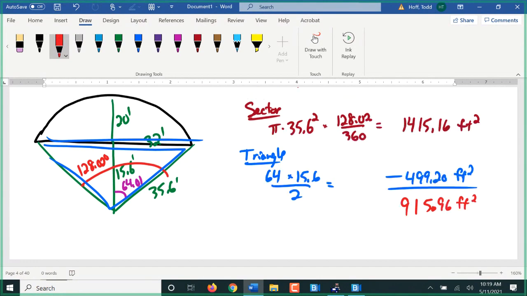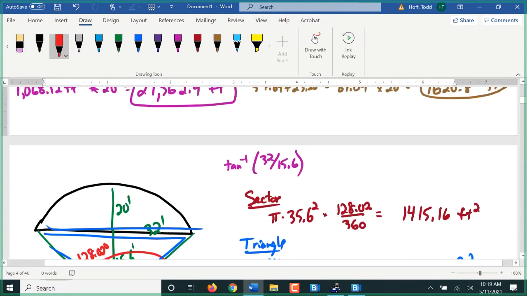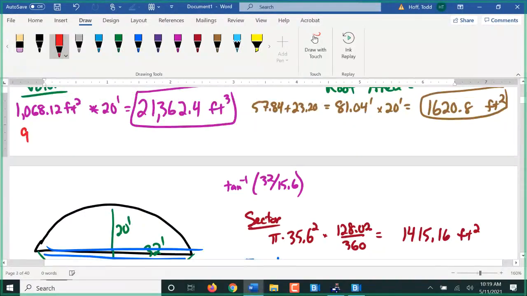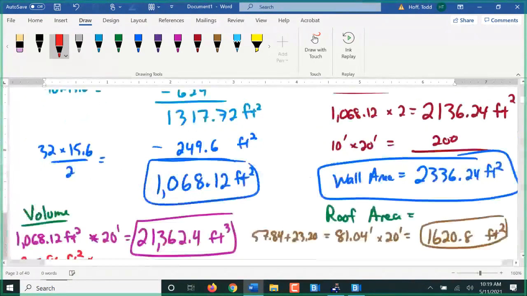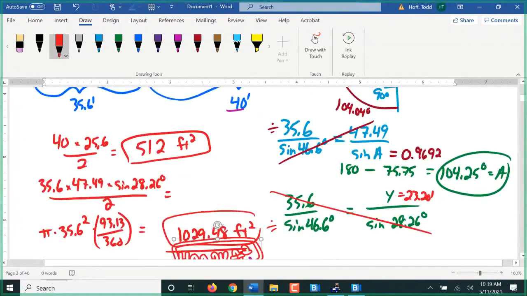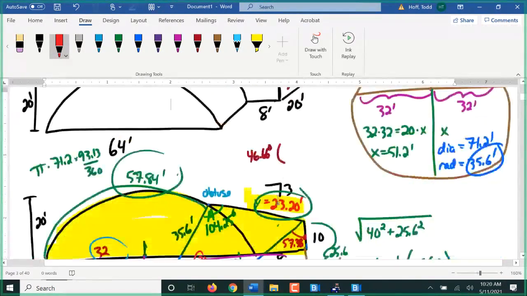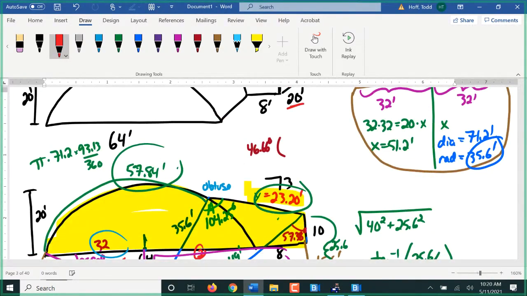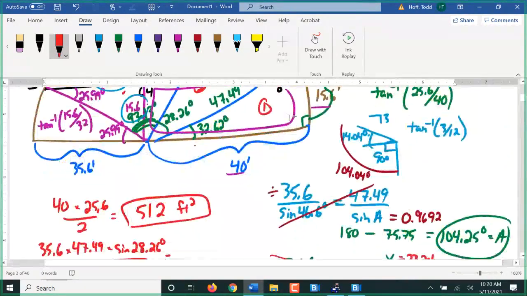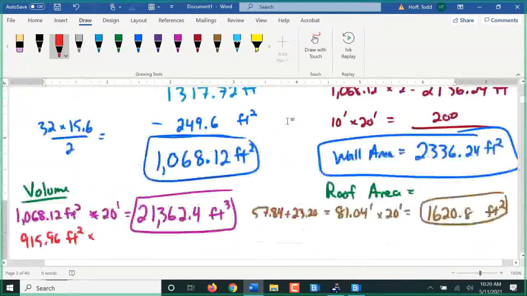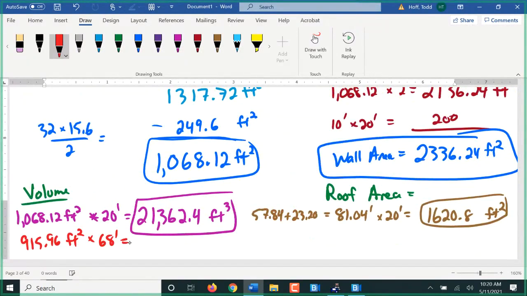Let's do that contribution to the volume. Got 915.96 square feet. Now the total length of this was 88 feet. It was 88 feet, but we took out 20 for this portion here. So this part only goes for 66 feet. Sorry, 68 feet, I should say.